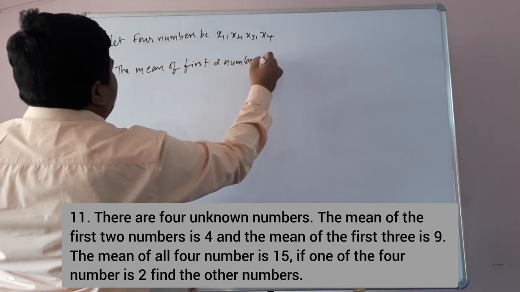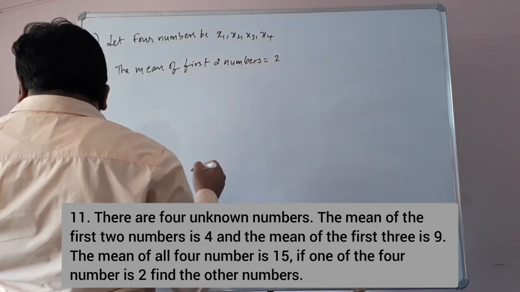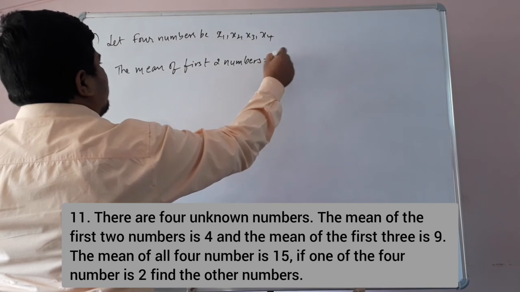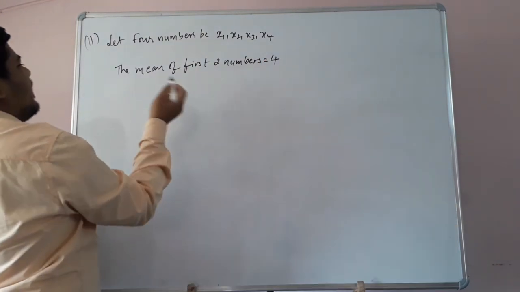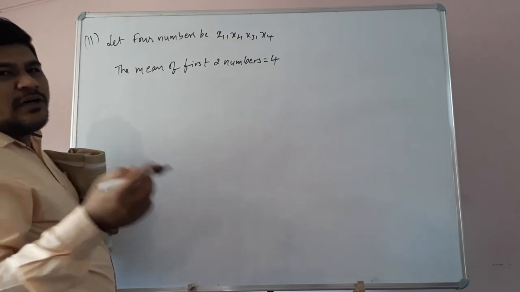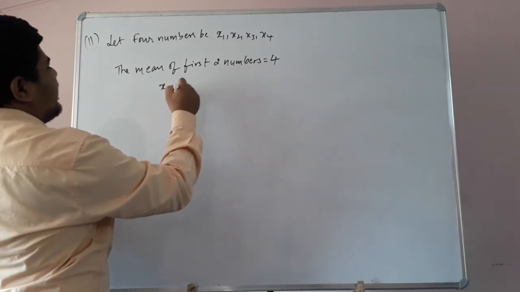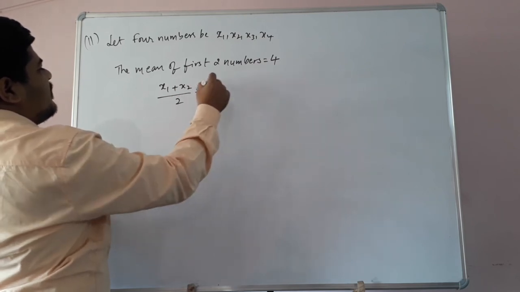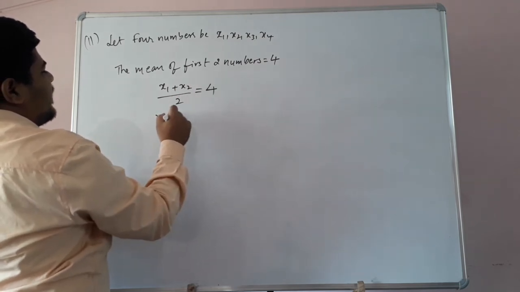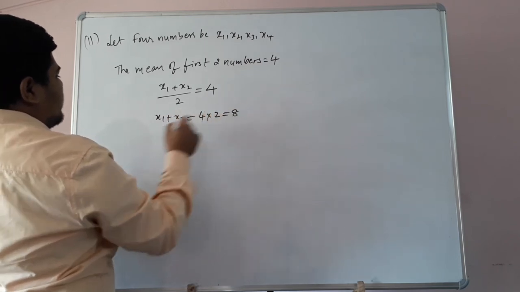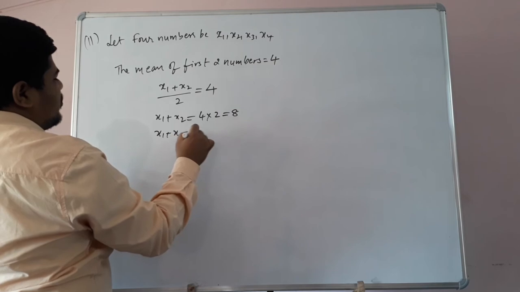Mean is equal to sum of the observations by number of the observations, right? So here x1, x2 are the observations: x1 plus x2 by 2 is equal to 4. So x1 plus x2 is equal to 4 twos, 8. So we got x1 plus x2 as 8, children.